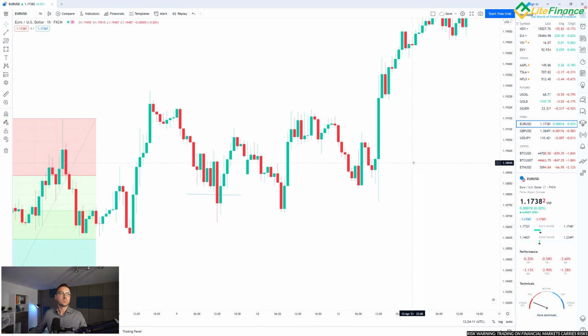Again, we have the pattern, but not here. No, this is not the three white soldiers. So again, we would have the pattern confirmation here, and we would be still in the position, because when we are entering here, more or less in the half of the whole formation, our stop loss is below the formation, so it would be somewhere over here.